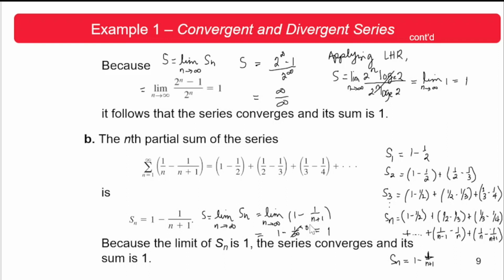And if we replace n here by infinity, this is infinity plus 1, and 1 over infinity is 0, and 1 minus 0 is 1. So therefore, the sum of the infinite series is equal to 1, which indicates that this infinite series is convergent, or the series converges and the sum is equal to 1.